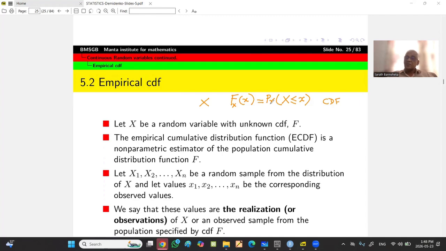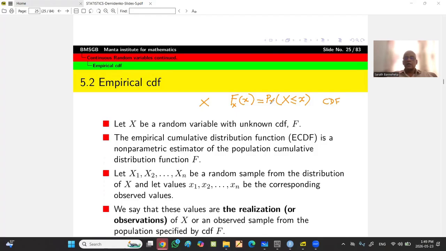That estimated cumulative distribution function using a data set of X is called the empirical cumulative distribution function. Empirical means using the data. Right. So that is what we are going to look at next.